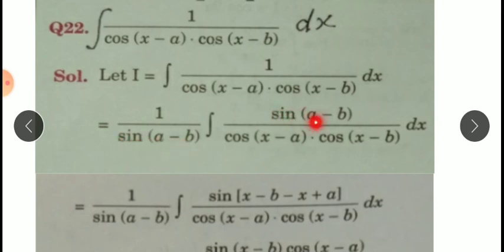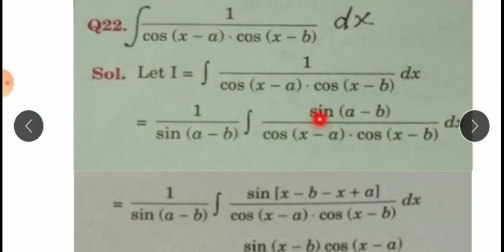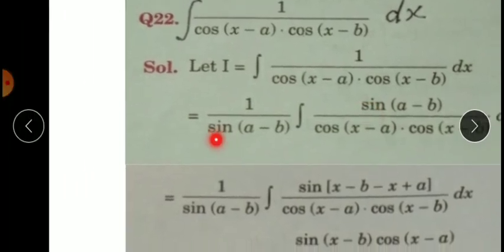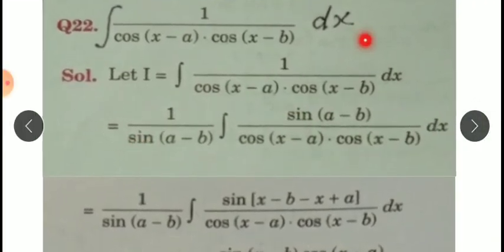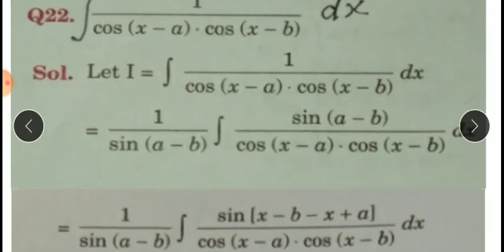Here multiplying by sin(a minus b) and dividing by sin(a minus b). I is equal to 1 upon sin(a minus b) integration of sin(a minus b) upon cos(x minus a) cos(x minus b).